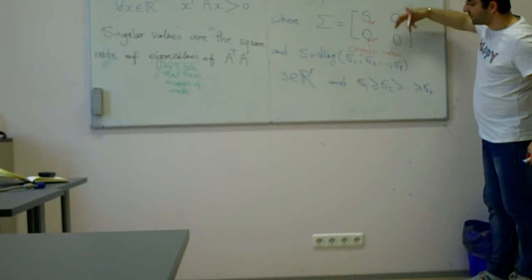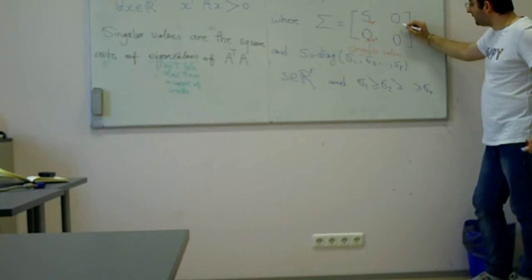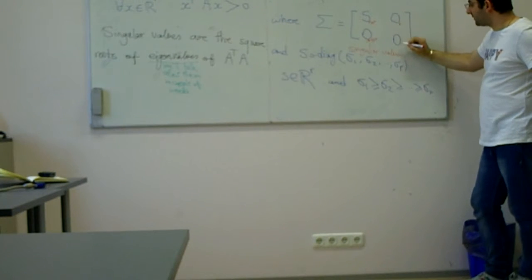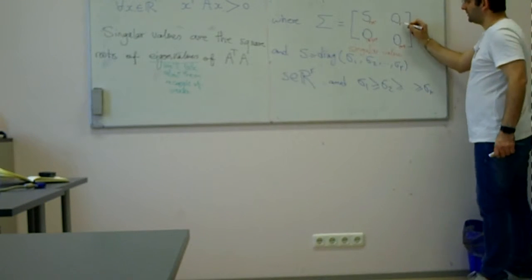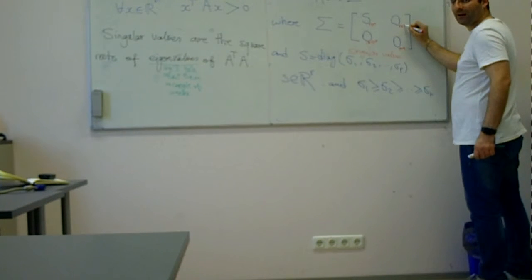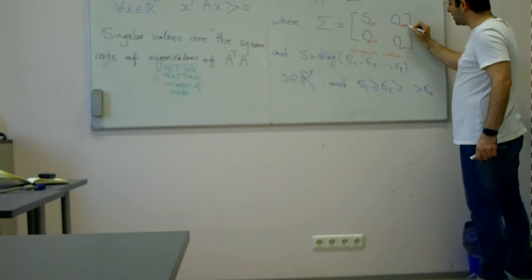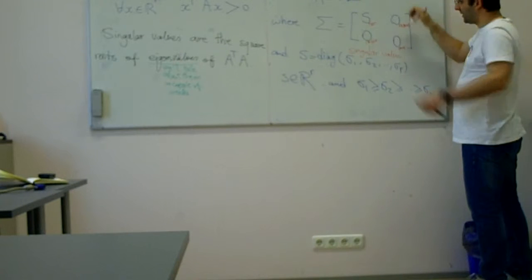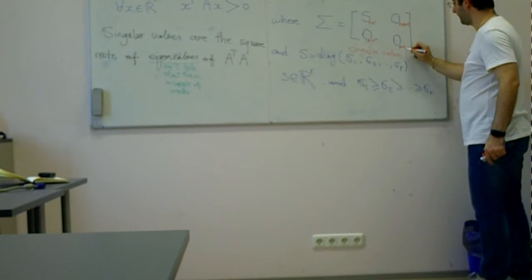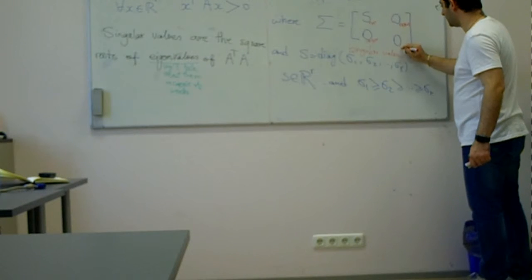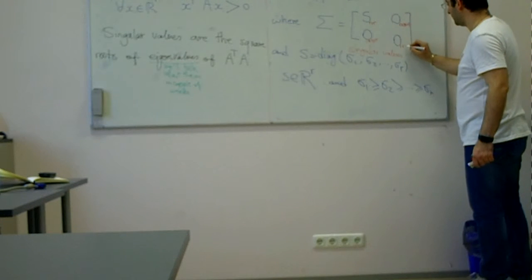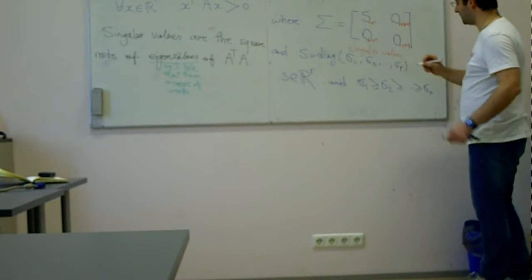What about these zeros? We have r columns and m minus r rows in here, and n minus r columns, because the total should be n. And this one is also r by n minus r.